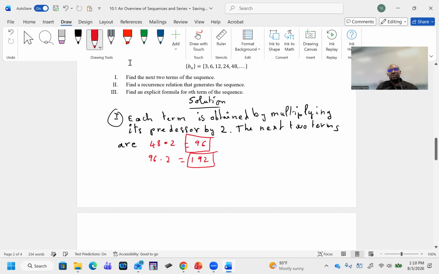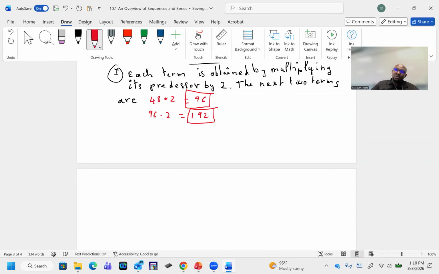And 2, we are asked to write a recurrence relationship.